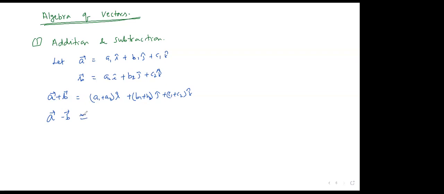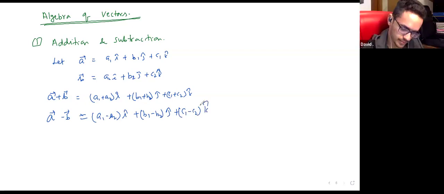Vector A minus vector B will be A1 minus A2 i cap, B1 minus B2 j cap, and C1 minus C2 k cap. So let's take an example.